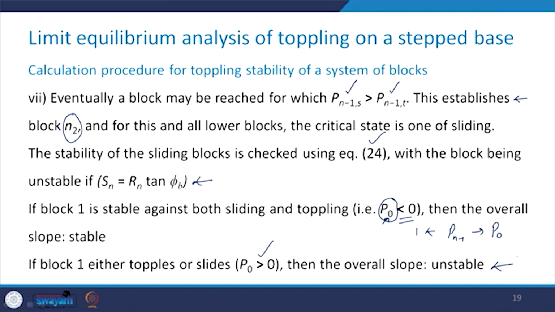So, you need to go in a systematic manner, starting from the topmost block and then go one by one towards the toe of the slope, and keep finding out what is going to be the value of P n minus 1 for each of these blocks.